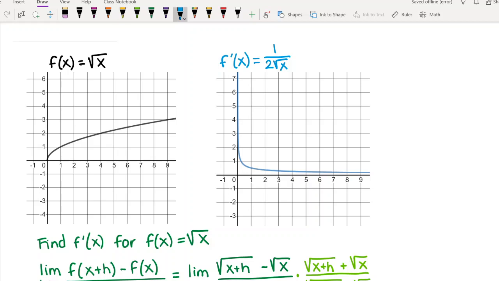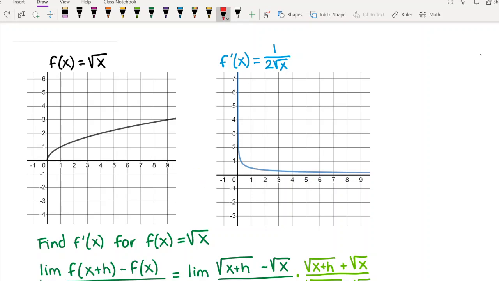For your original function, f of x equals square root of x, you can't take the square root of a negative number, which is why the graph of square root of x does not include anything over here. It's only positive numbers and 0. And similarly, the derivative doesn't have any values over here.